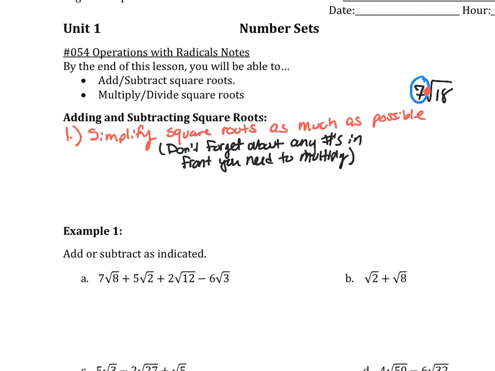Once you have all your square roots simplified as much as they can be, then any terms that have the same number under the square root, or like square roots, if we think of it in terms of like terms, you can add or subtract the numbers out in front of the square root, and the square root stays the same.